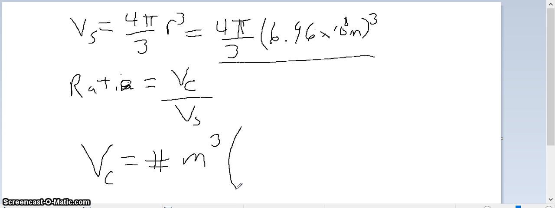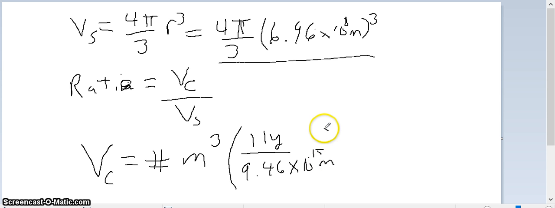You just need the conversion. It turns out that one light year, LY stands for light year, is 9.46 times 10 to the 15th meters. Basically, you cube the numerator and the denominator of this conversion, you just cube both of them.